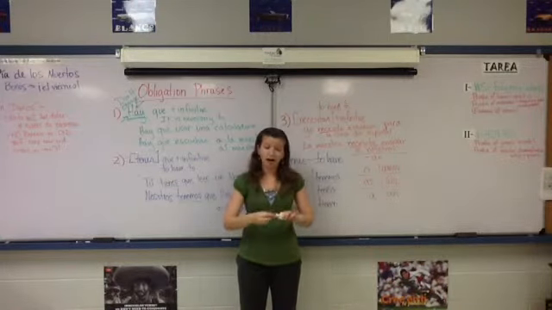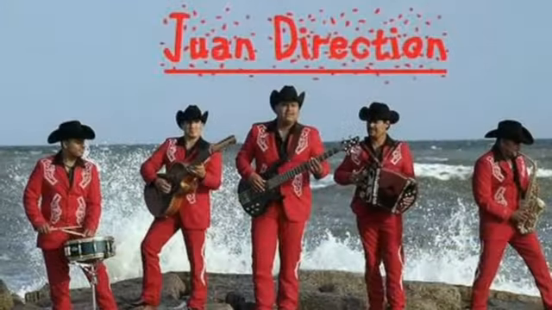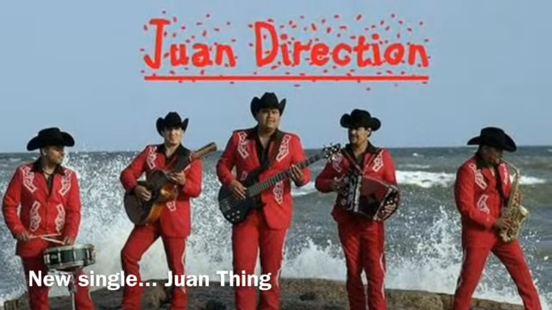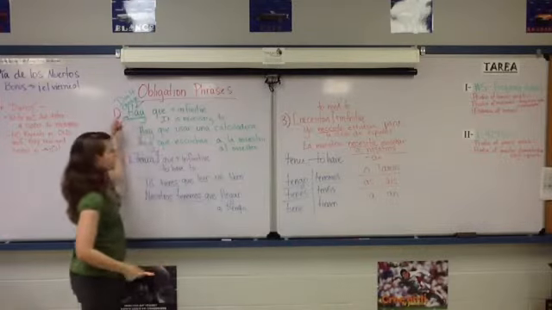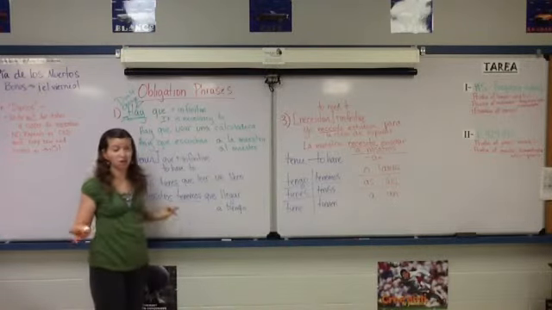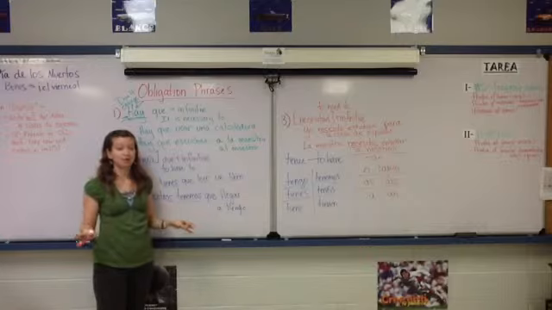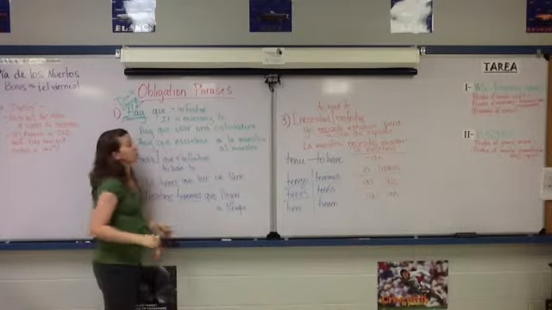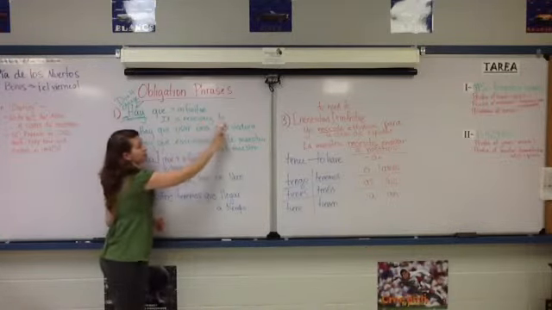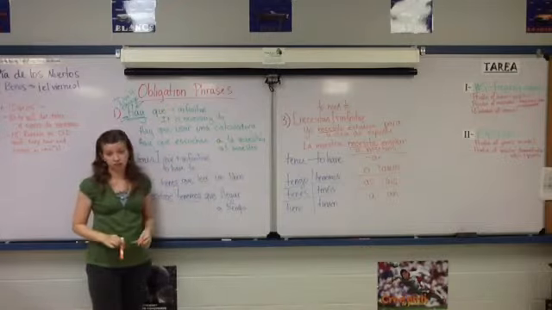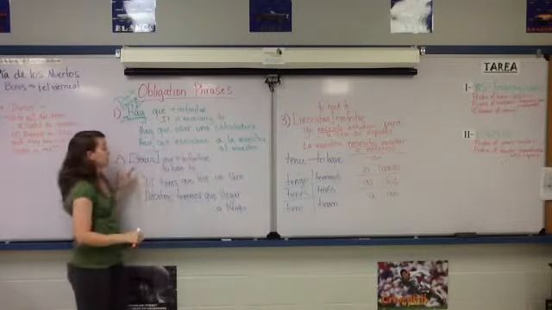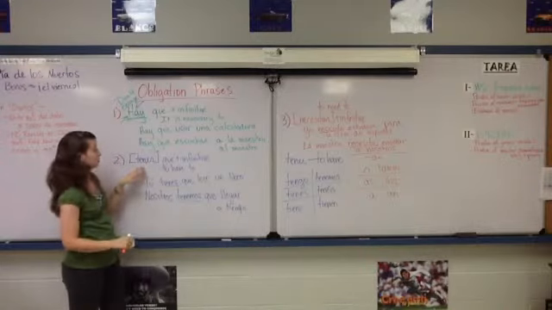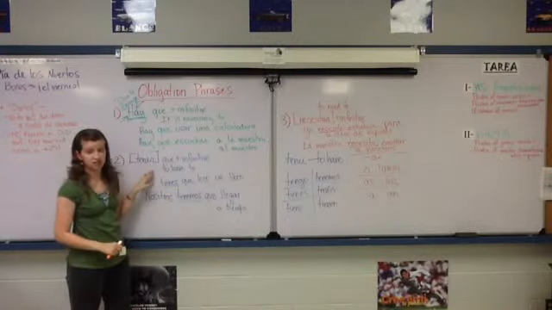So those are your options for how you can do these. You can use es necesario, which doesn't match up with any subject. We're not naming who has to do these things. We're just saying it is necessary to, and put in an infinitive verb, like usar, escuchar. Then we did tener que. We need to conjugate tener to match the subject.